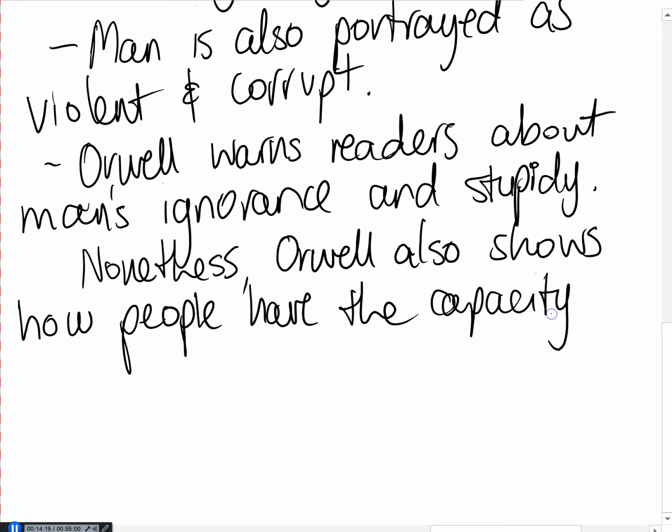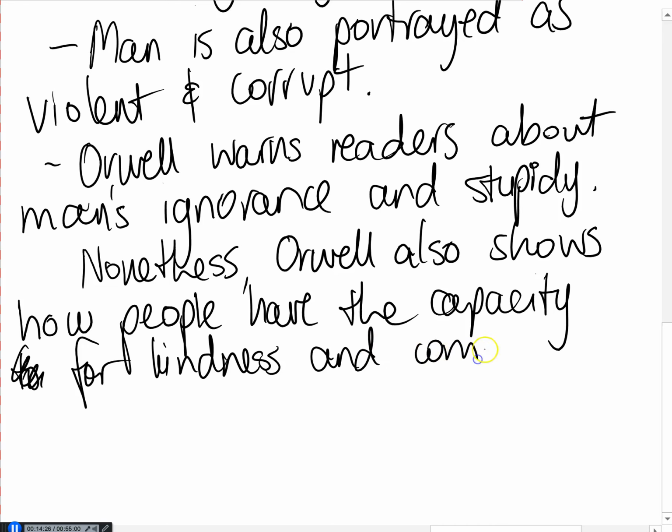I think about the characters who are kind to each other. Capacity for kindness and compassion. And then I can use examples from the text of characters who show kindness to one another, and you might start to think about what that might be.